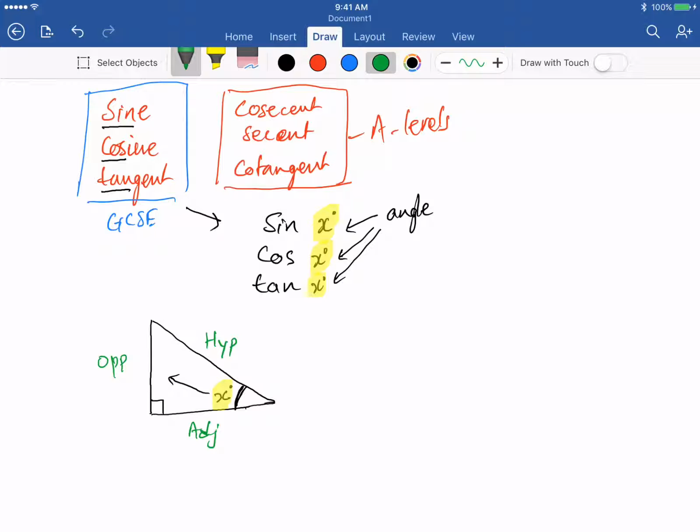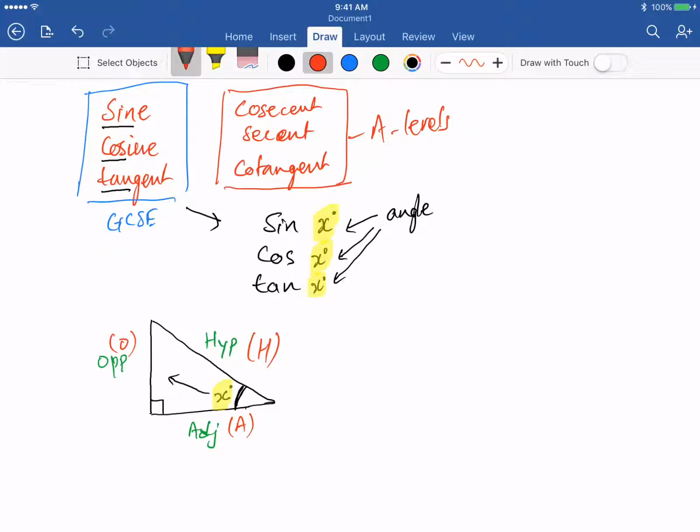It is called adjacent because it is adjacent to angle x. We can also call them h for hypotenuse, a for adjacent, o for opposite.